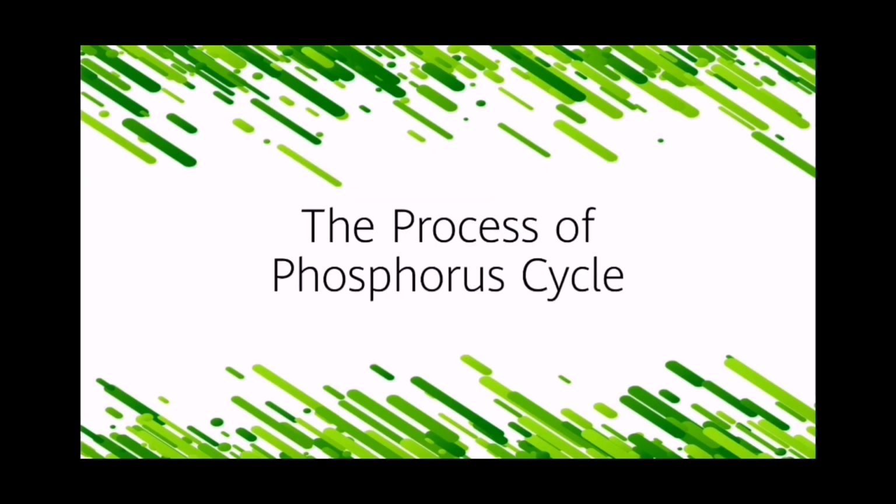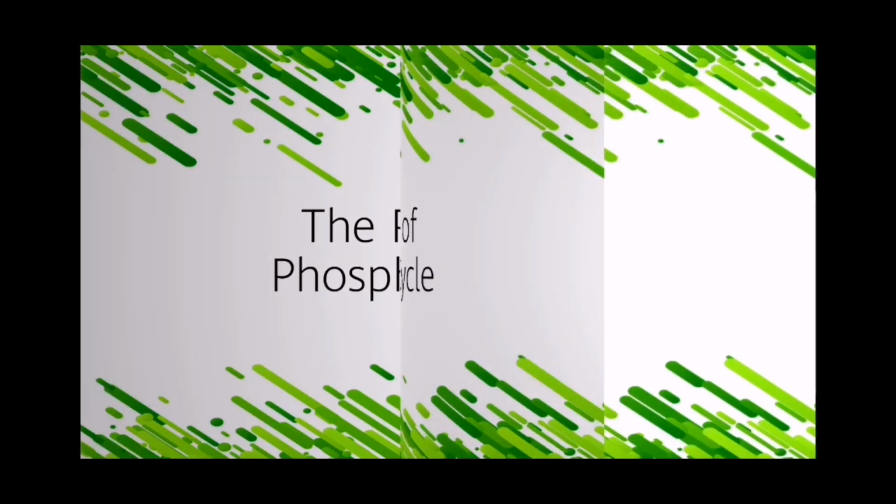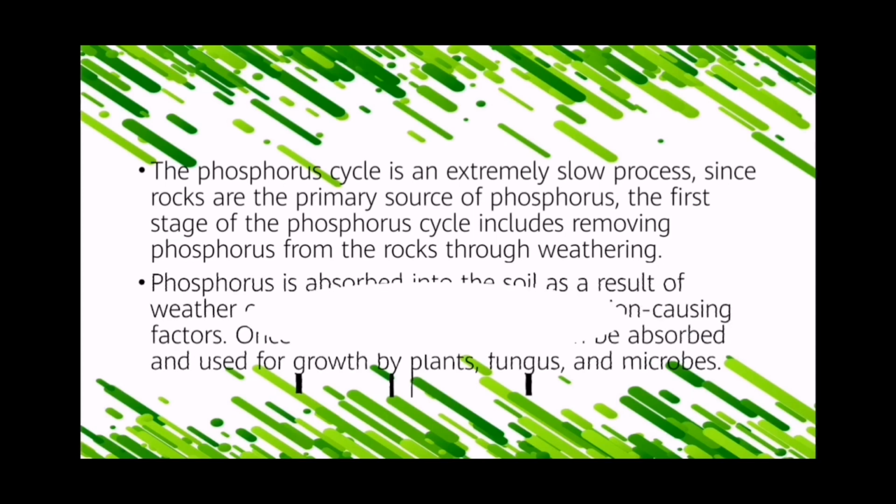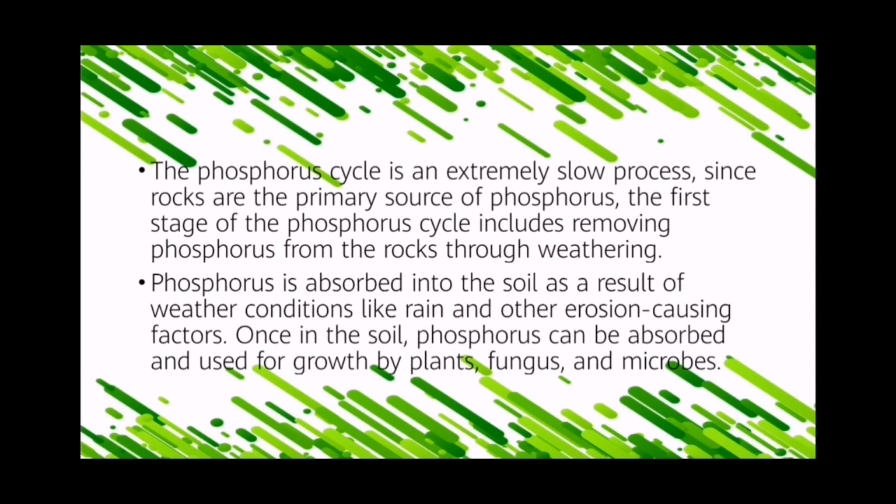And now let us go to the process of the phosphorus cycle. The phosphorus cycle is the biogeochemical process that describes how phosphorus moves through different compartments of the Earth. The cycle begins with weathering, where phosphate rocks on land break down into soluble forms due to natural processes like erosion.